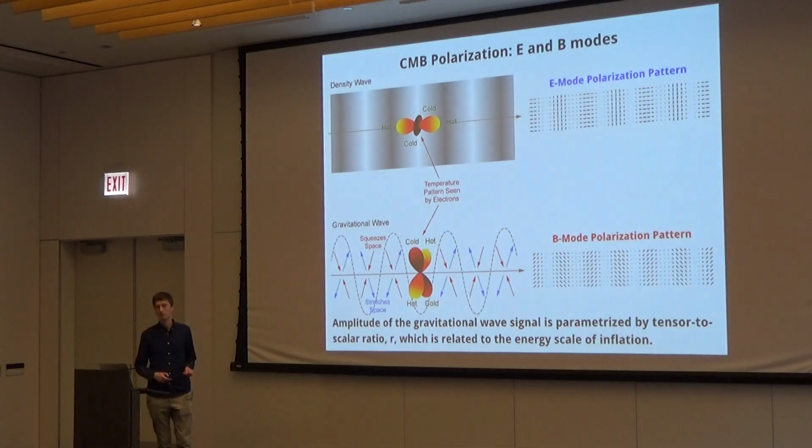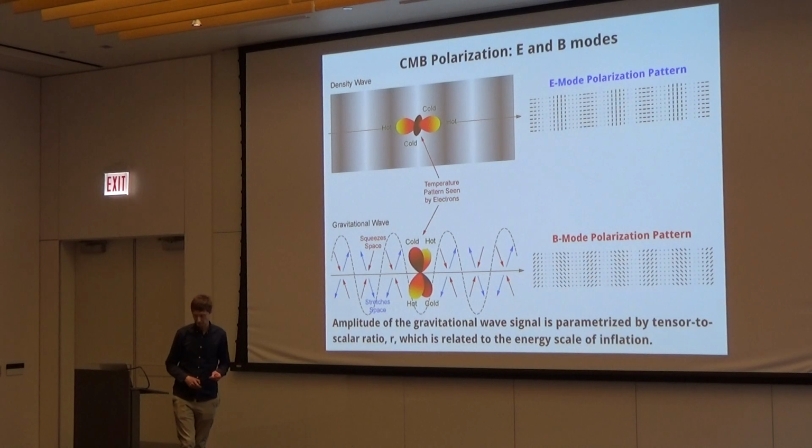We're doing that by measuring polarization of the microwave background, and in particular, measuring this B-mode polarization. The idea is that if we have both density waves and gravitational waves, the density waves are only able to produce E-mode polarization by their symmetry, and yet the gravitational waves will produce both E-mode and B-mode polarization.